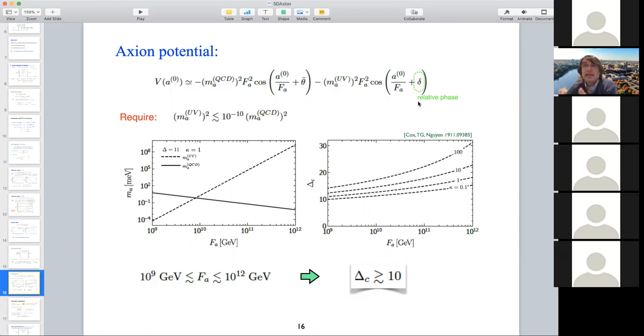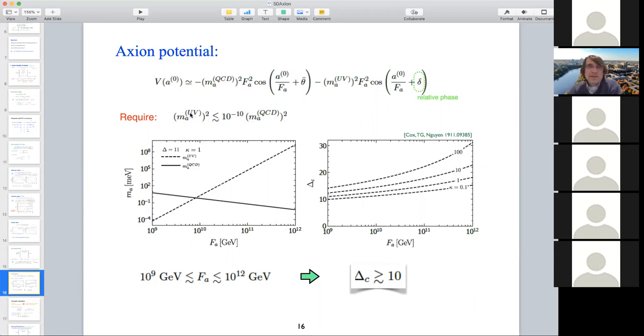And so that's the problem. And so you've got to suppress this coefficient so that you don't destabilize the minimum. And this is the condition on this UV, on this gravitational violation of the mass. It has to be 10 to the minus 10 times smaller than the QCD contribution squared.